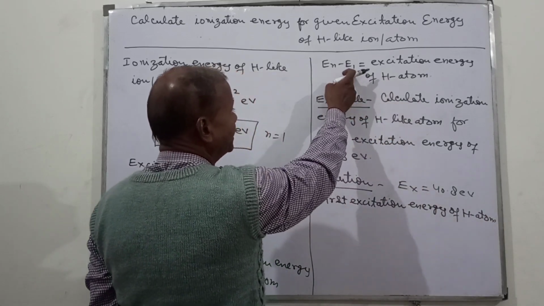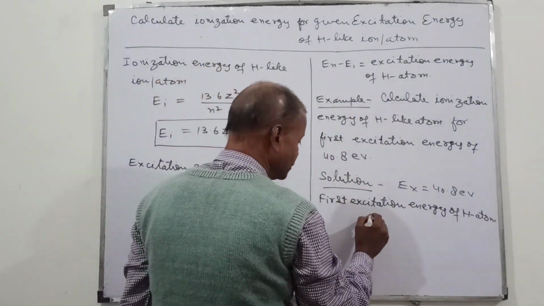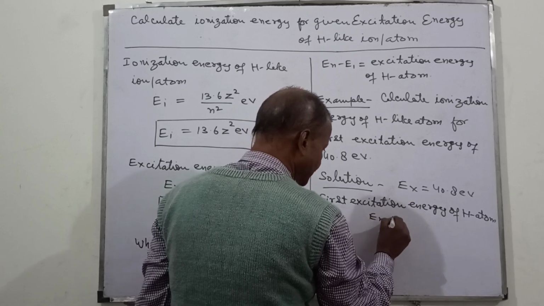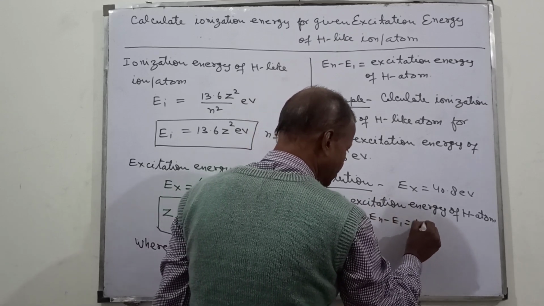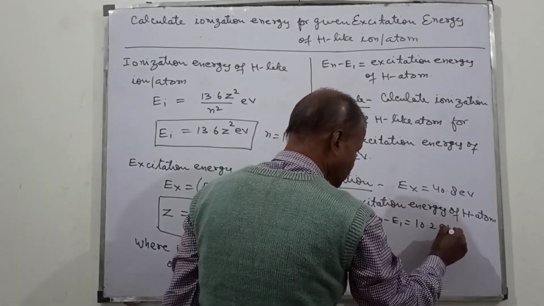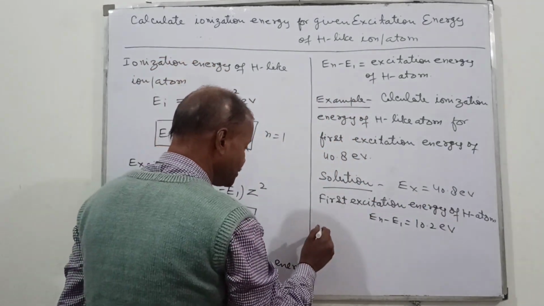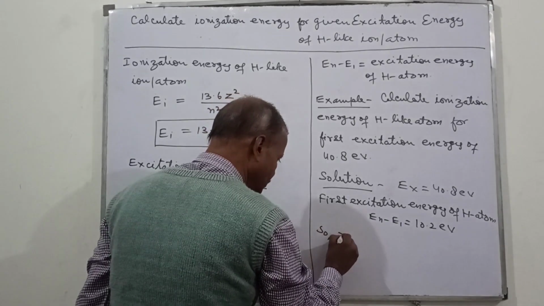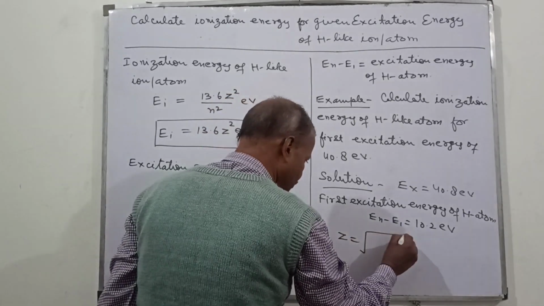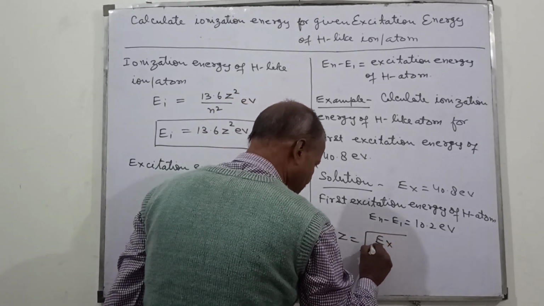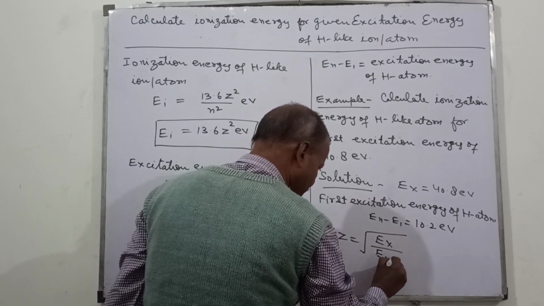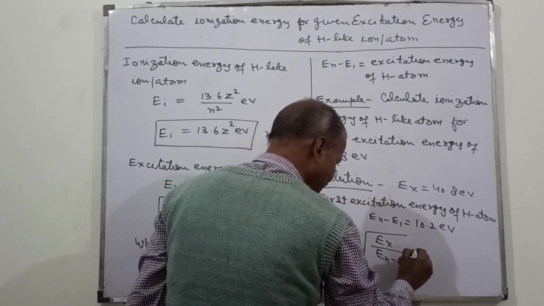This we have, En minus E1, this is now 10.2 electron volt. This we know. So this Z equal to square root of Ex upon En minus E1.